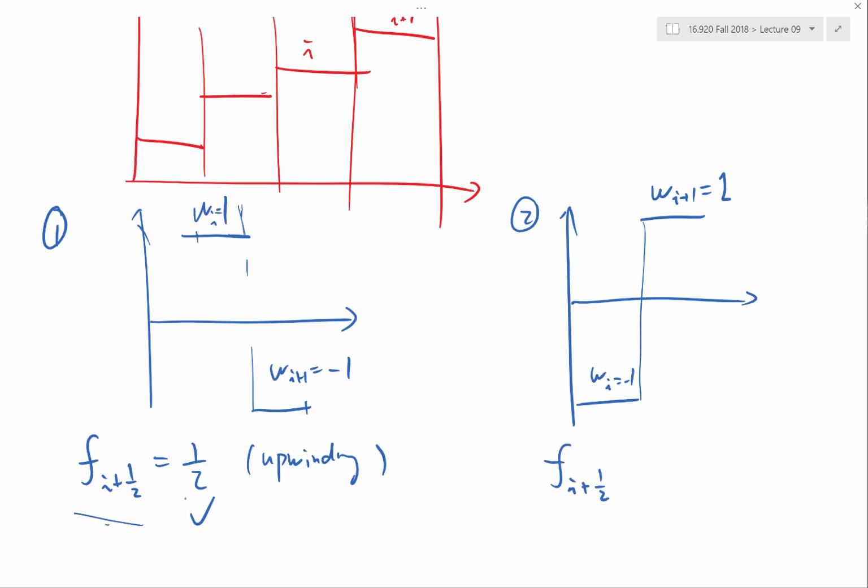That's right. If I set Fi plus half to be half, I would get the non-entropy-satisfying solution, because the flux would just cancel out with the neighboring fluxes. My solution wouldn't change, right? So what should the flux be?